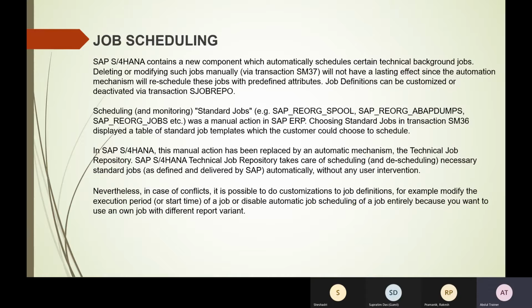Okay, so SJOBREPO, job repository T code is there. With the help of this, you can change the technical background job definition. You can modify the start time, and then you can modify the steps. You can modify the users, okay, who will be executing this in the background.